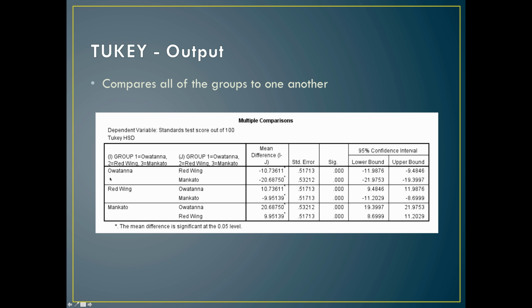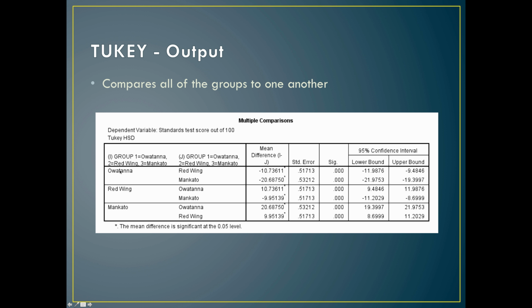Likewise, when we compare Owatonna with Mankato, we see that the difference between their two means is 20.68750, and you also obtain very significant results. Here, pay attention that this is the same value as this. The only difference is that here you have a negative sign and here you have a positive. Well, think about it.